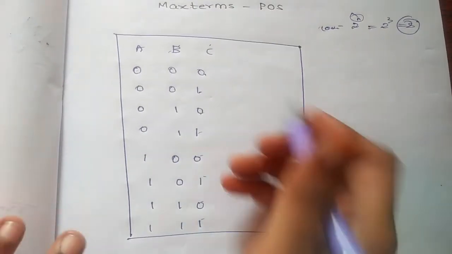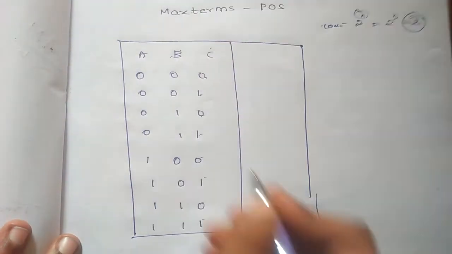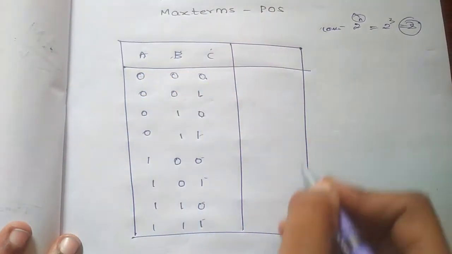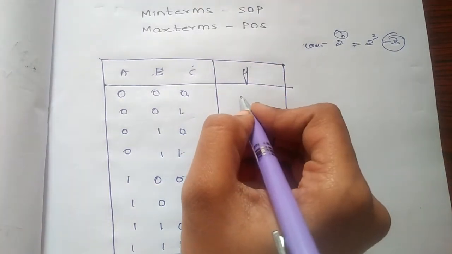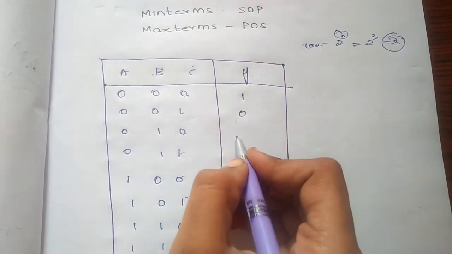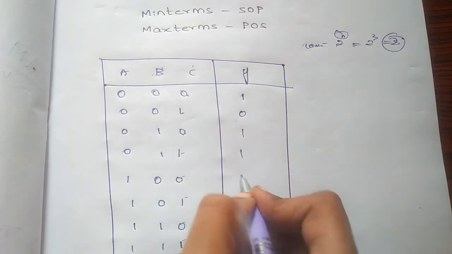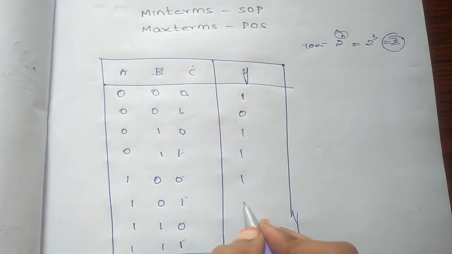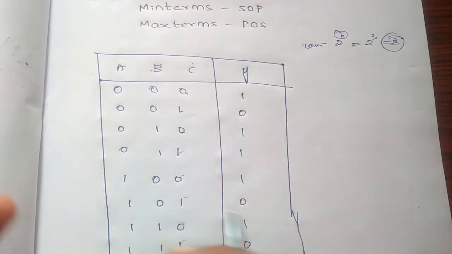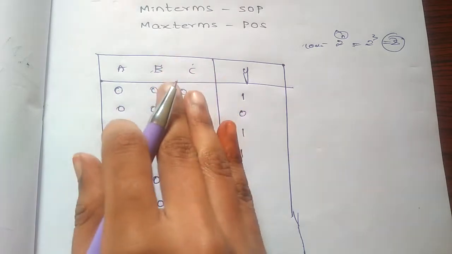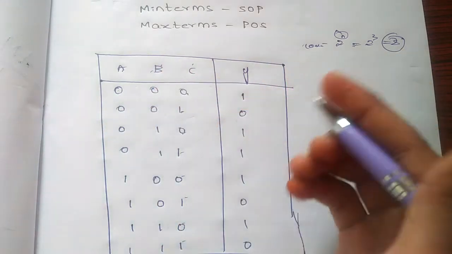Then here we get the output as Y: 1, 0, 1, 1, 1, 0, 1, 0. So we have the inputs A, B, C and the output Y.